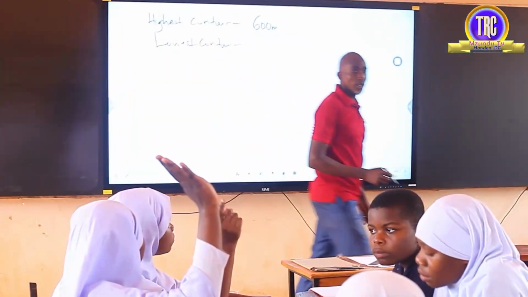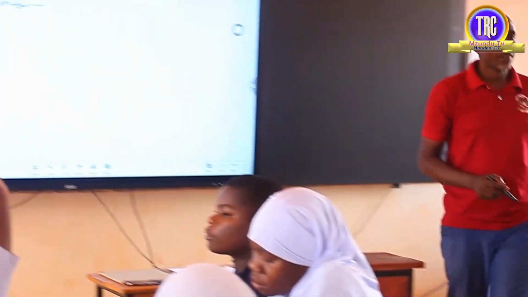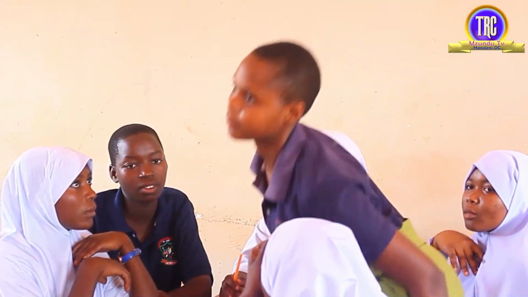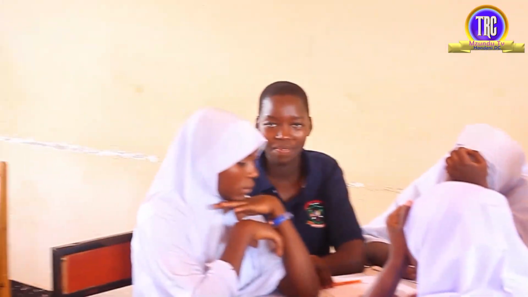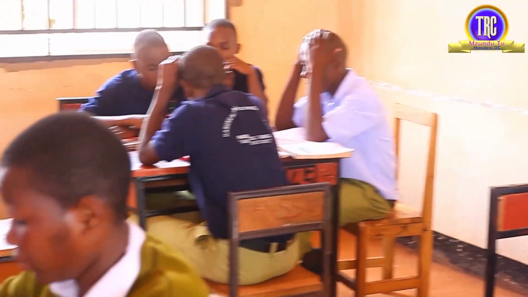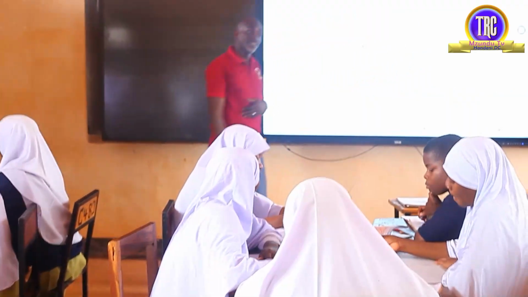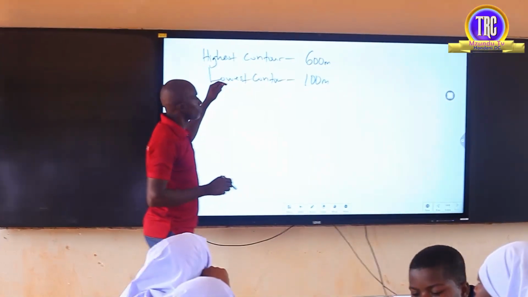The lowest contour is 100 meters. Now this is the highest contour and the lowest contour.